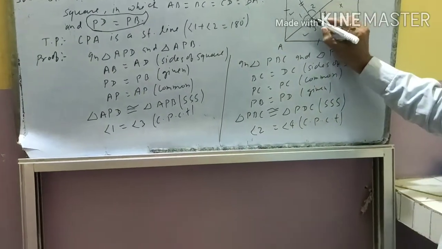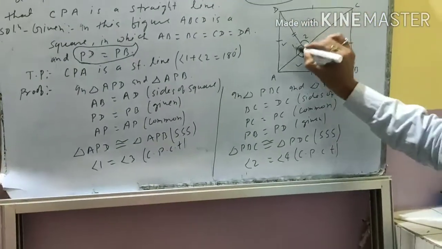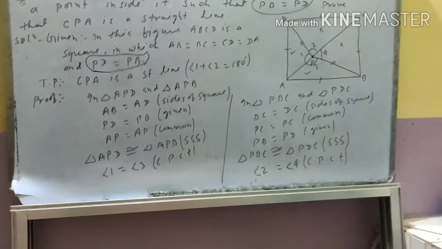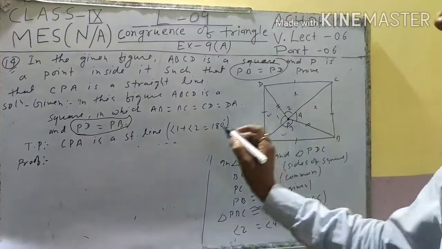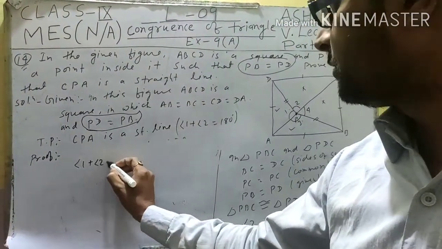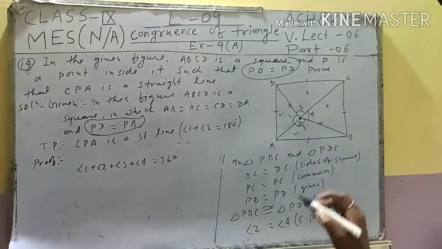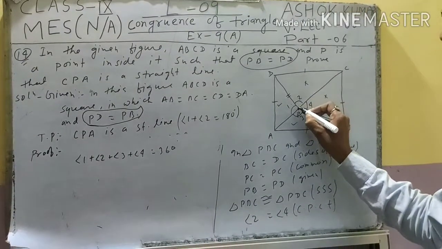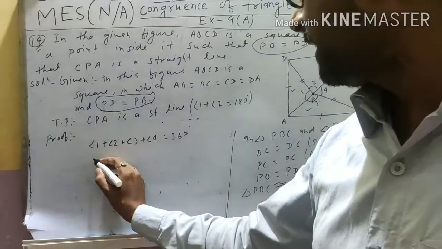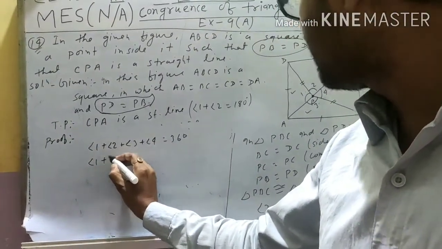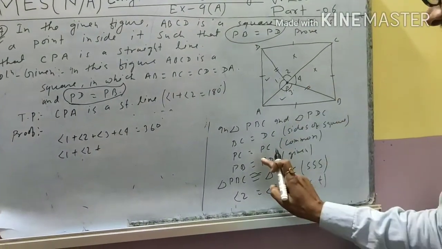We know that the sum of all angles around a point is 360 degrees. So we can write angle 1 plus angle 2 plus angle 3 plus angle 4 is equal to 360 degrees.